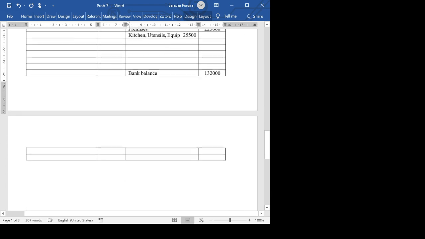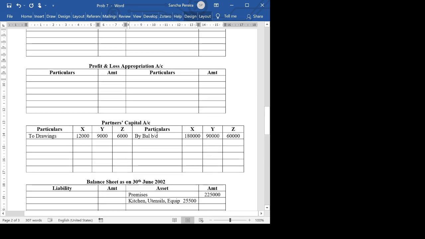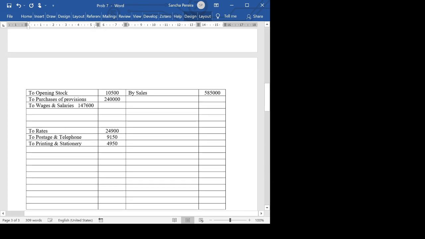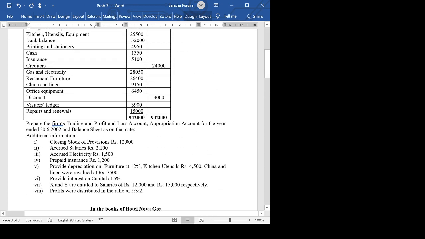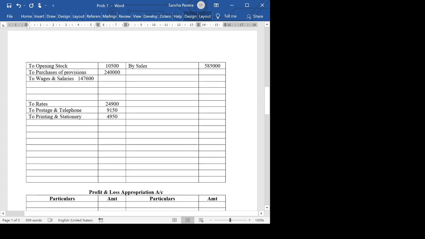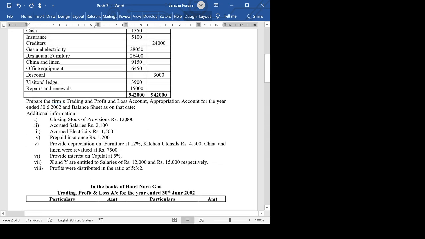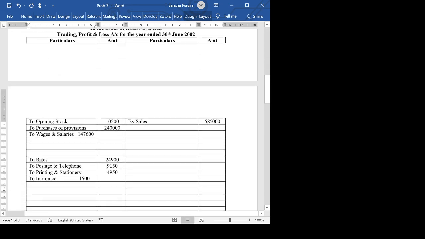This is cash in hand. Then we also have insurance, 5,100. There's an adjustment to this, prepaid insurance. To insurance, 5,100.